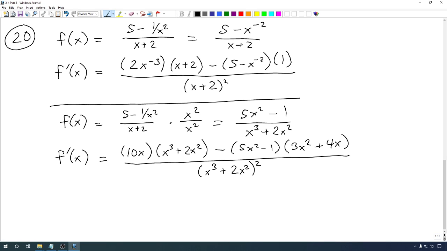But the online homework is going to accept either one of these, and on an exam, I would definitely take either method, because they're both derivatives of the same function. They're the same thing, just written in a different form. So whichever method you prefer here is up to you.